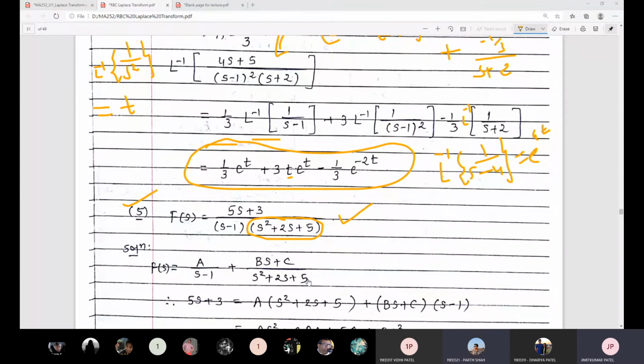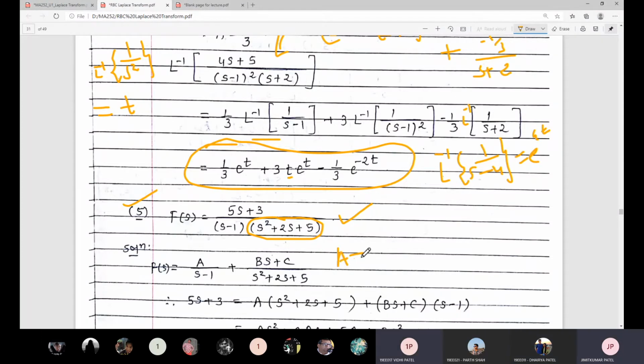You can write down in the chat box, Parth. Sir, A equals 1. Okay, one minute. What did you get?